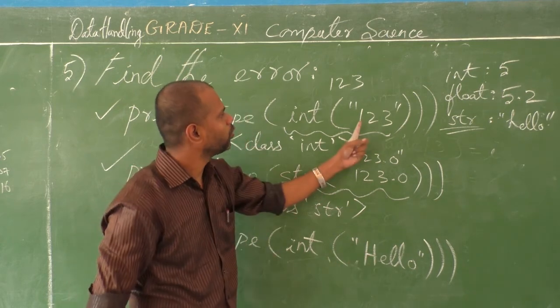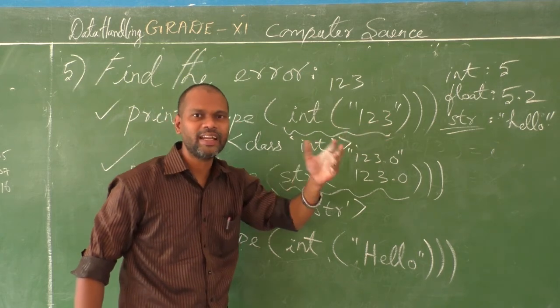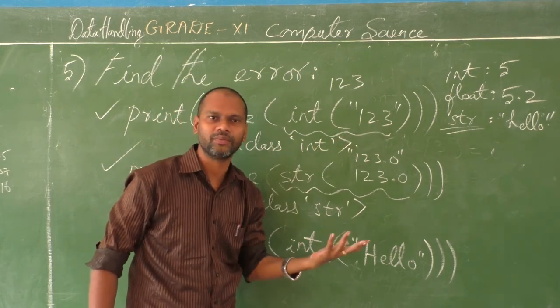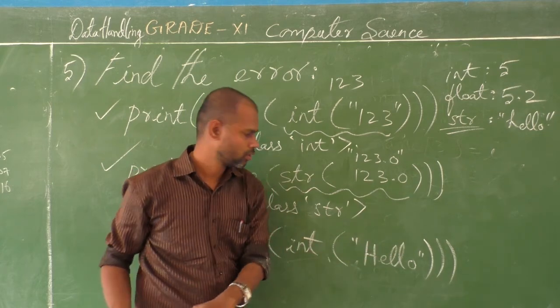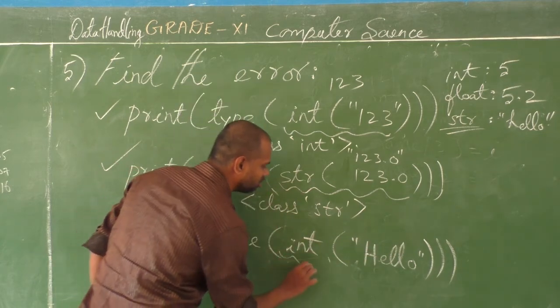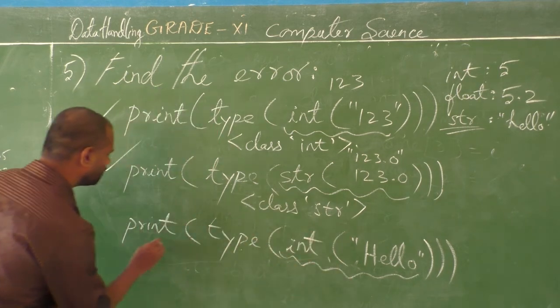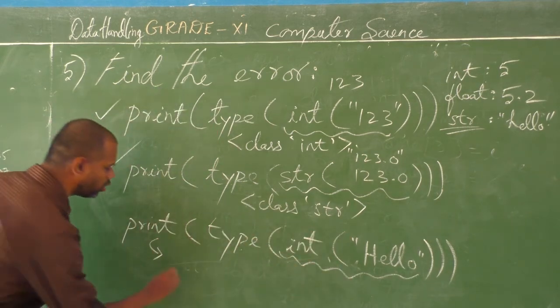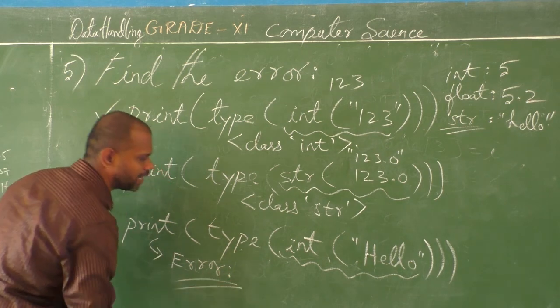You see, this 123 is a number and can be changed into a string. It's possible. But hello you cannot make it a number. So in this line there is a huge complication. Because of this complication, it will show the error.